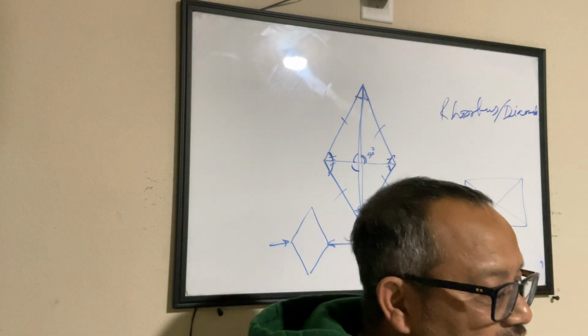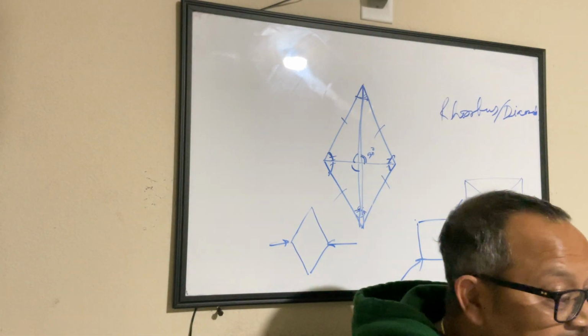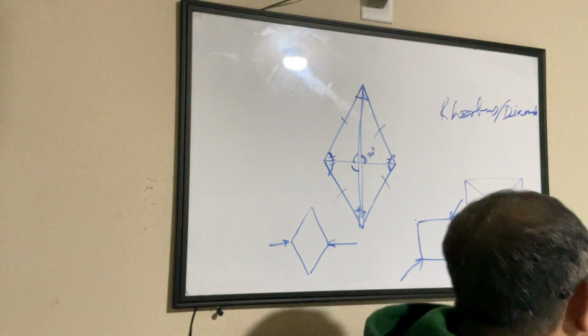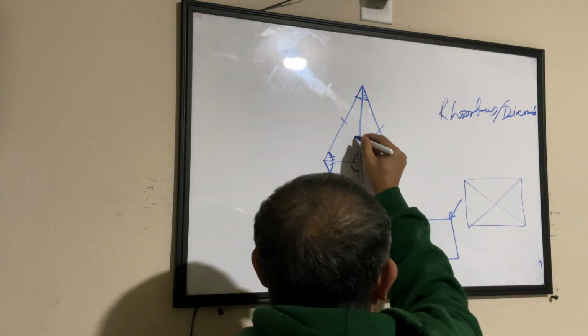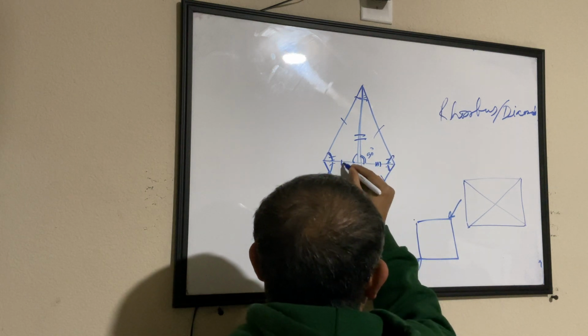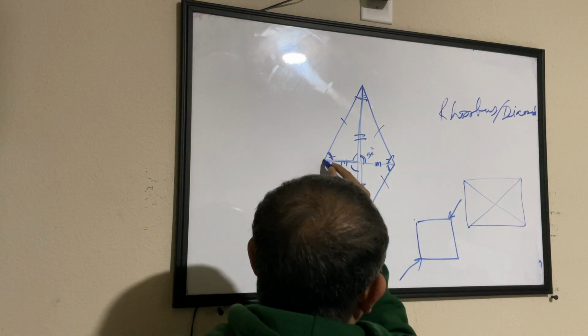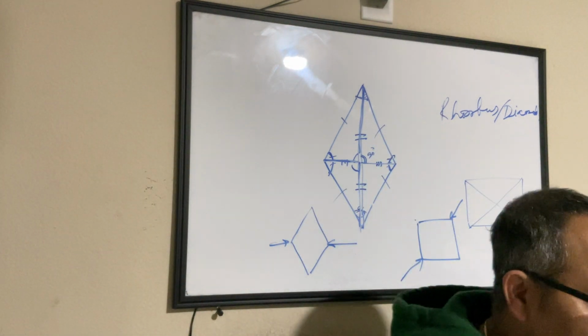So in case of a rhombus, the diagonals perpendicularly bisect each other, meaning they are perpendicular, meaning they make 90 degree, and they bisect, meaning this side and this side are same, this side and this side are same. So this equal to this equal to this. This is the property. Okay.